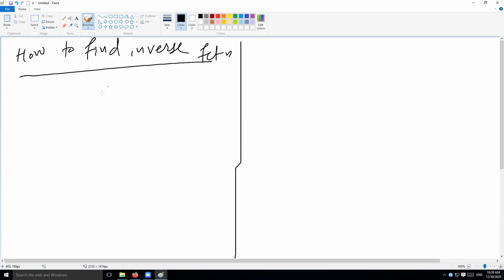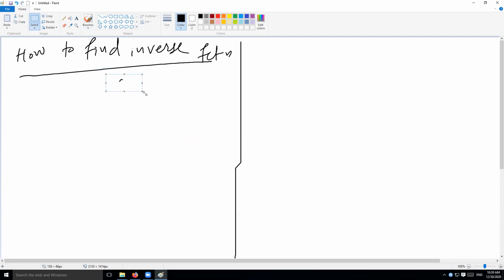How do you find it? You take y equal to f of x, and then try to write x as some function of y. This function is going to be the inverse of f. Is this how you study it? Yes, sir.